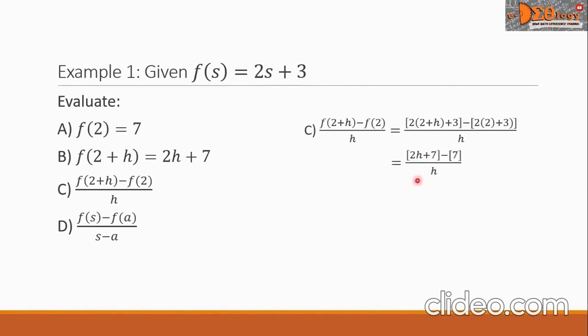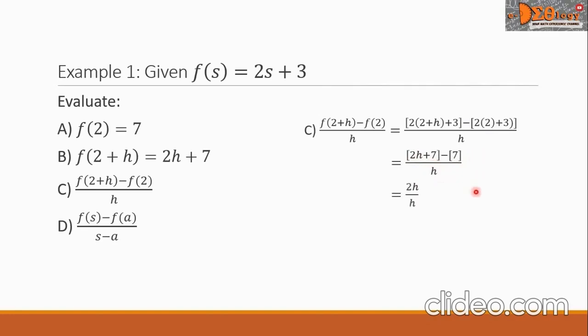So we have now the group 2h plus 7 minus the 7, all over h. To simplify further, if I remove the grouping symbol, the positive 7 and the negative 7 here will cancel each other. It becomes 0.